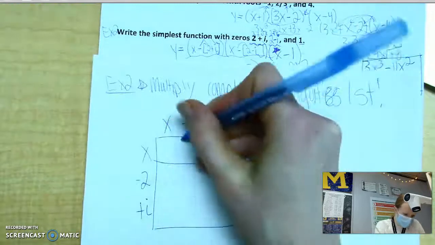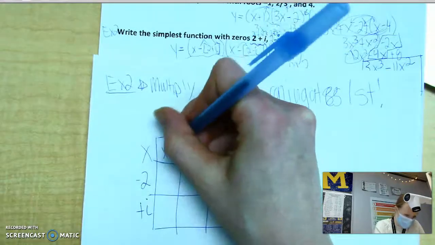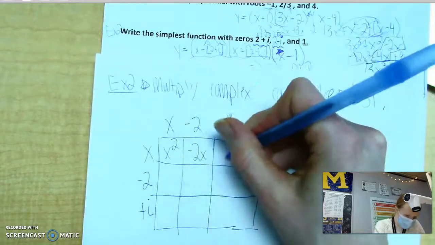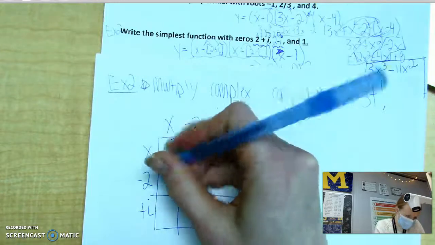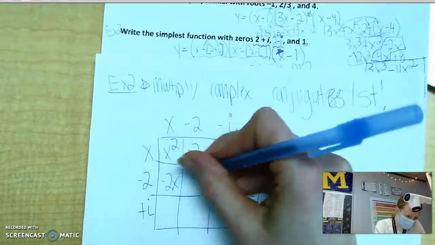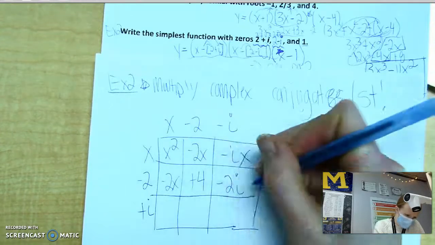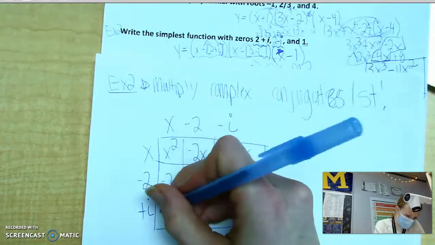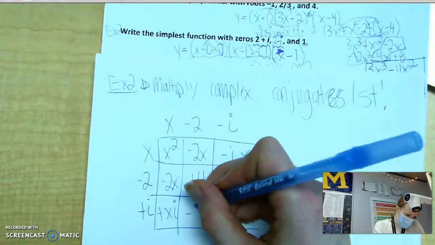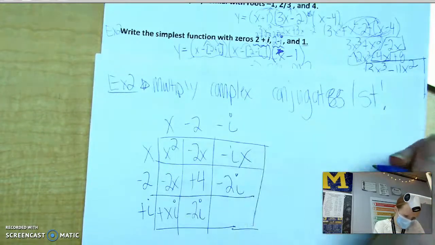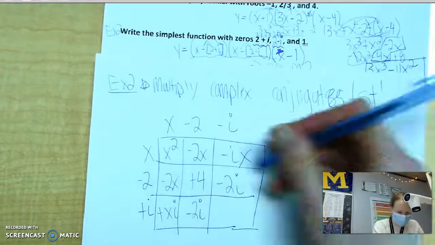And when I multiply, I'm using that box method this time, I get x squared minus 2x minus ix, and then minus 2x plus 4 minus 2i, and then I get plus xi minus 2i. Oh, whoops, I did something wrong. Look, negative i times negative 2 is a positive 2i.